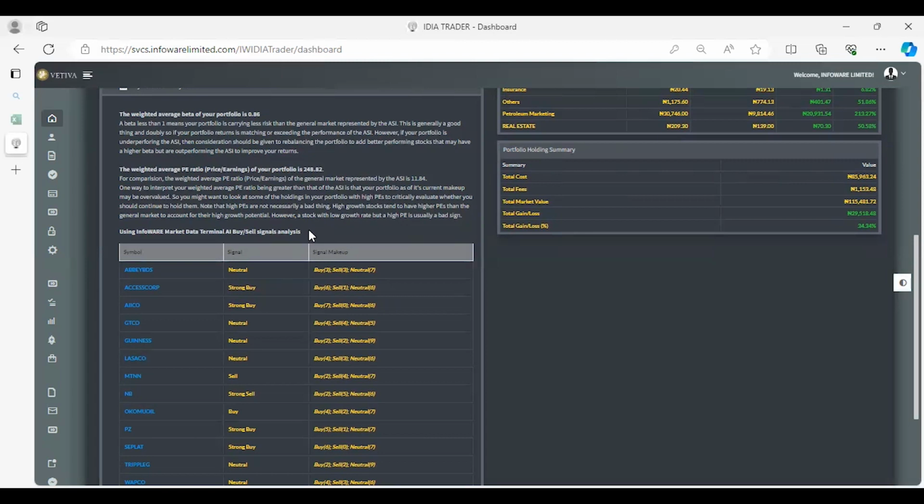Now, the IDIA trader is built on IMDT, which is like, okay, based on all of this AI on the IMDT, how can I advise you as an investor on how to make sense of all this in simple layman terms without any need for complex jargon, right? So first thing first is to look at each stock that you have, and it takes what we call a vote. We call it votes, a democratic way of assessing a stock, right?